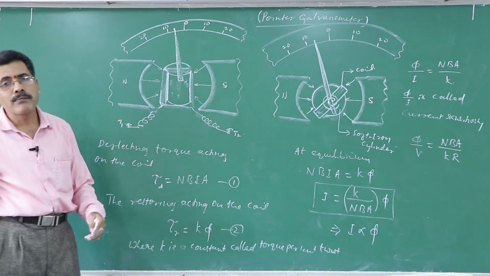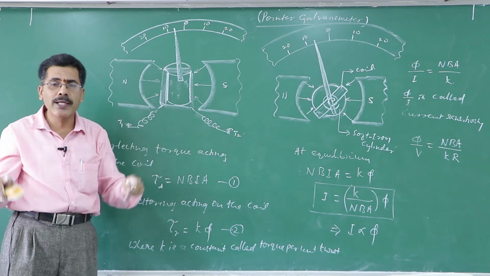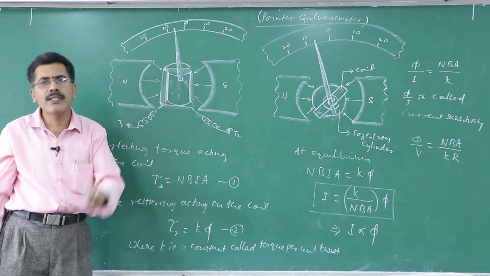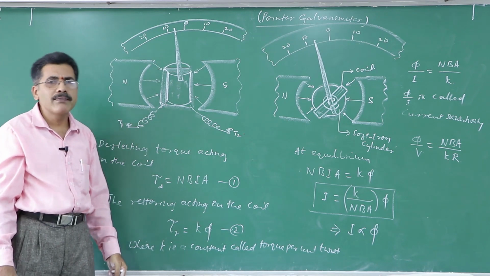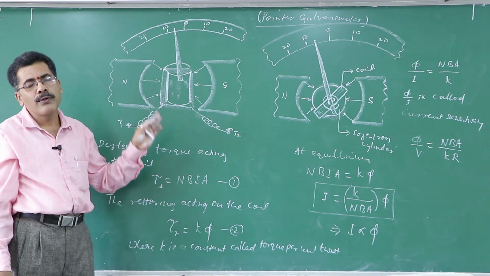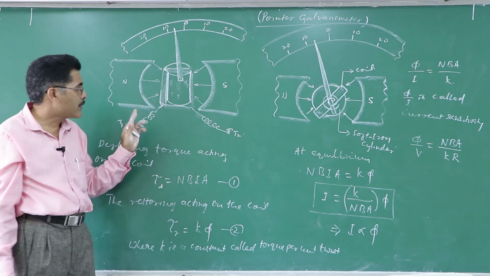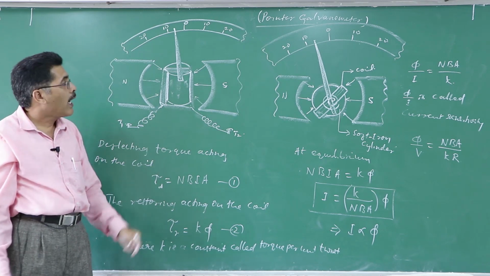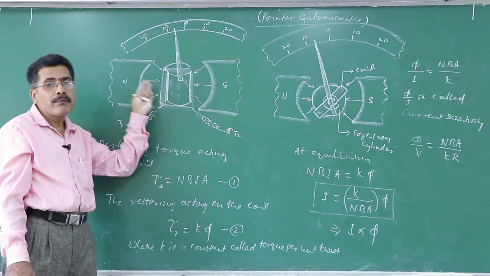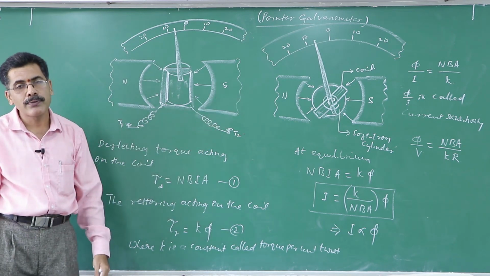A pointer galvanometer or moving coil galvanometer consists of a rectangular frame on which a large number of turns of thin insulated copper wire is wound. The ends of the coil are connected to two terminals through phosphor bronze springs, two identical springs. The coil is pivoted in between two concave pole pieces of strong permanent magnets.